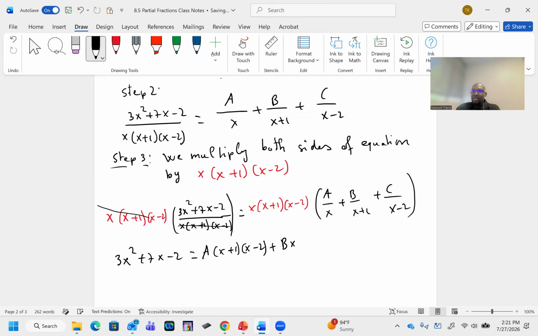So it will leave x times x minus 2, plus c, x minus 2 and x minus 2 will simplify. So it will be c times x plus 1. So we keep the left side as it is. We don't touch that, right? Even if you want, you don't need to keep writing it until you distribute and try to combine like terms.